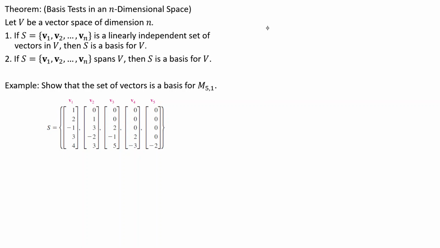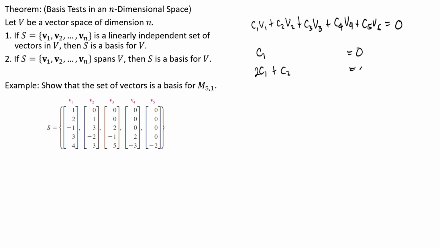So by solving the equation with the 5 vectors, we can obtain the linear system: C sub 1 equals 0, and 2C sub 1 plus C sub 2 equals 0.